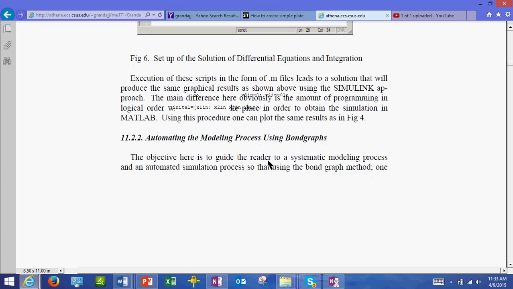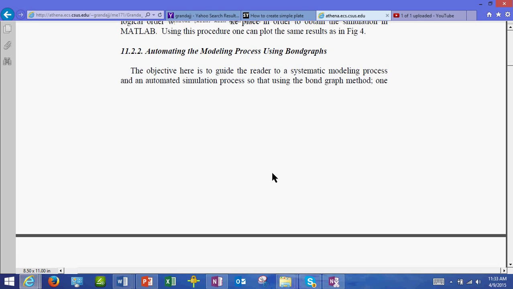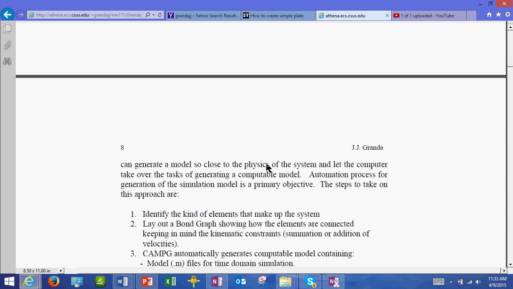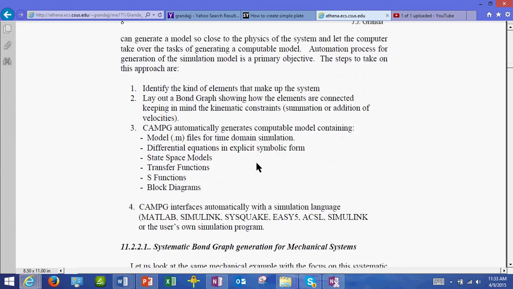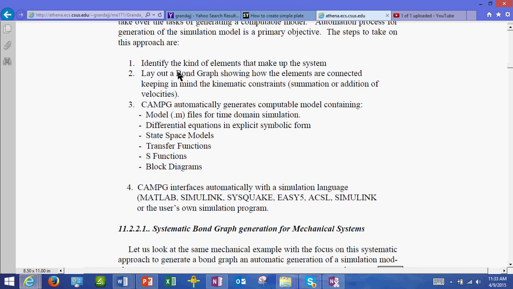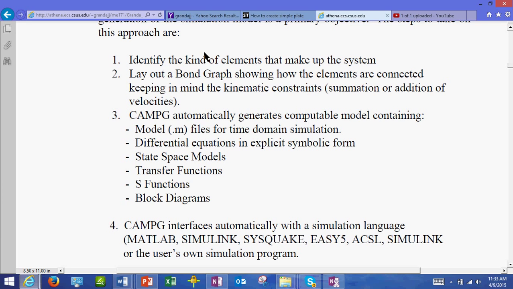But here, section 11.2, it says we're going to automate the process using bond graphs. And here's the outline for doing that. We say, okay, this is the process that we use for mechanical systems. Identify what kind of elements make up the system.